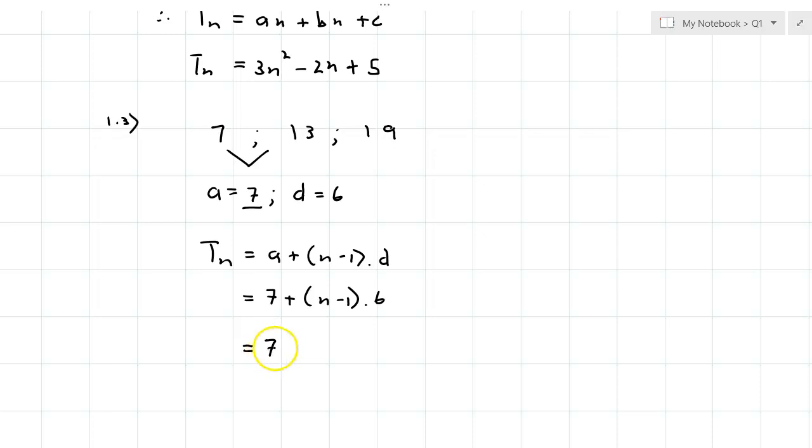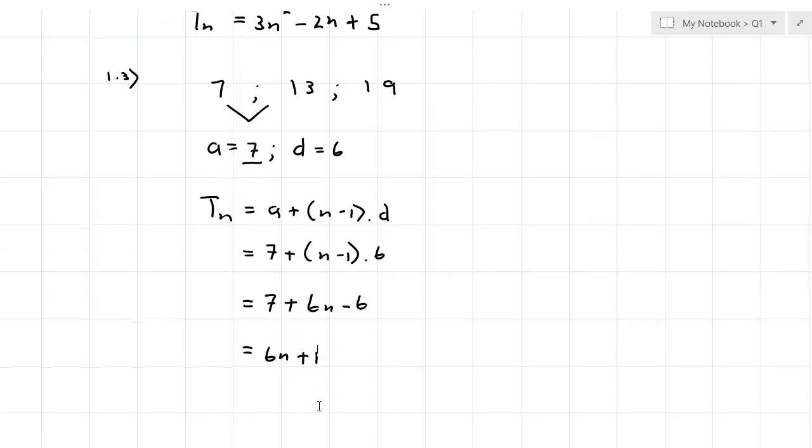That equals 7 plus, so take 6 into the bracket, so that'll be 6n minus 6. It's going to leave us with 6n, and 7 minus 6 is 1. So that's going to be plus 1. So therefore, we got Tn.